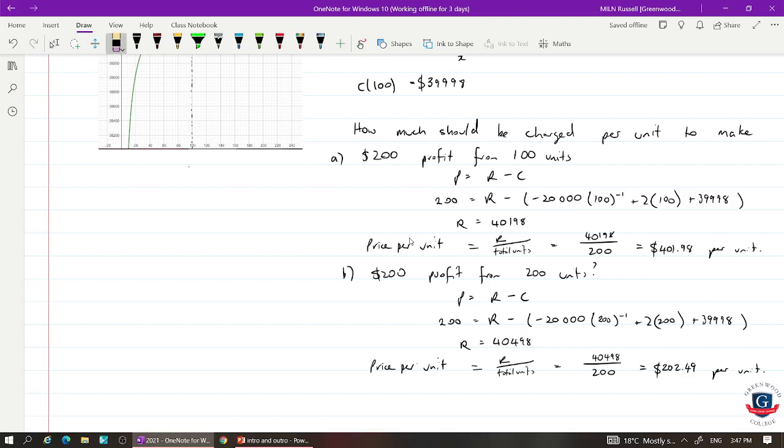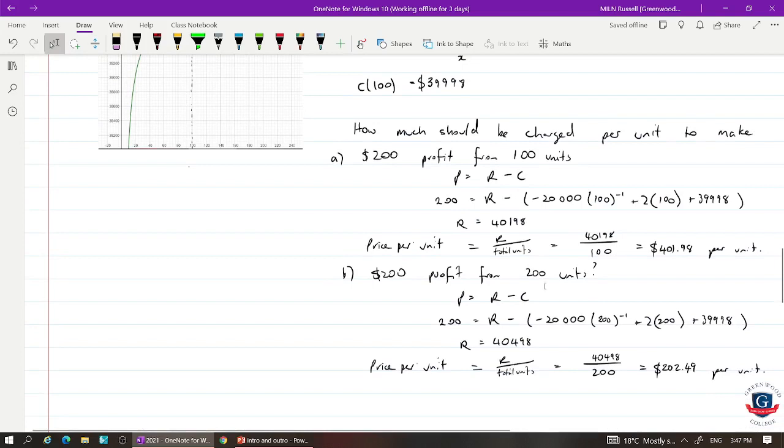Well, I won't have to redo this whole thing again. Maybe just this part here, because I want 100 units. And then that will give me the answer I expected. Okay, so that's not so bad. So solve for 100 and 200 gives us this amount. Divide by 100 gives us $401.98 per unit.